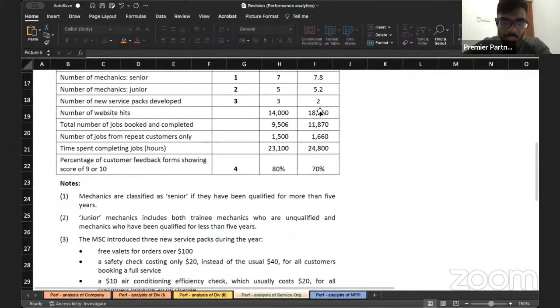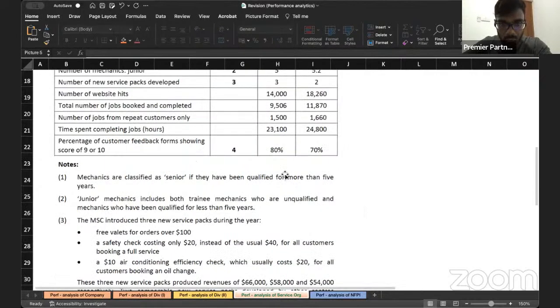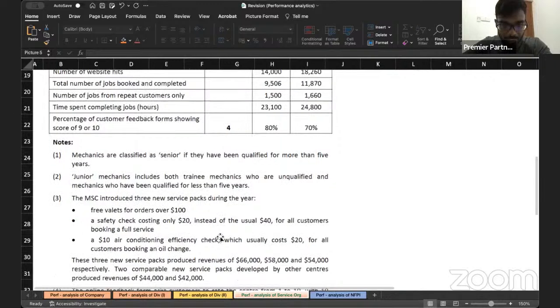You get your innovation measure for the rest of the company. So you have come up with new packs. How many? Three new packs, and these are the revenues. Out of total, how much revenue are you getting from new packs? So that talks about innovation, right?